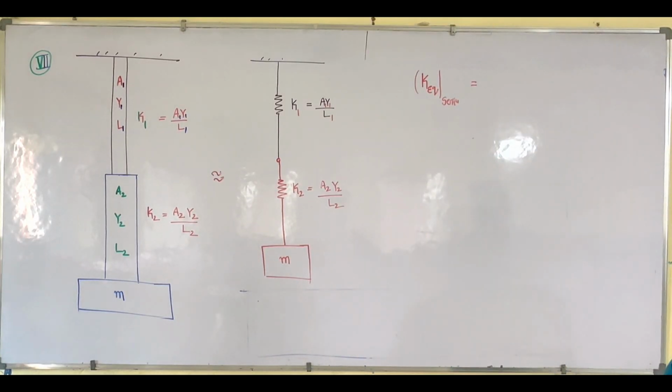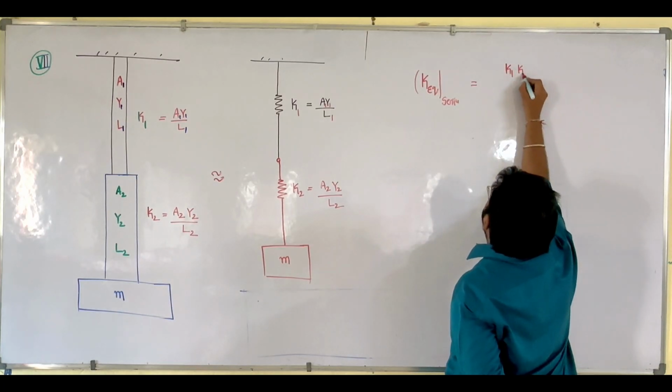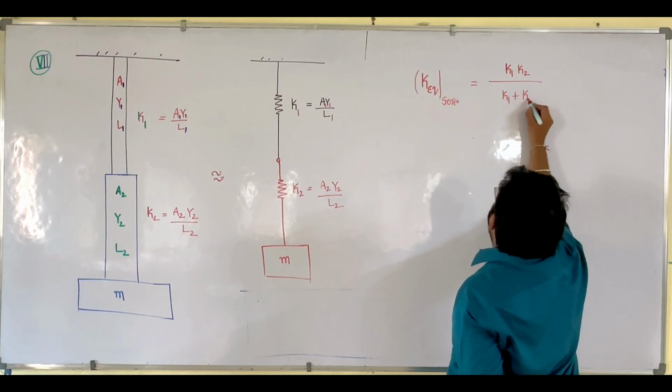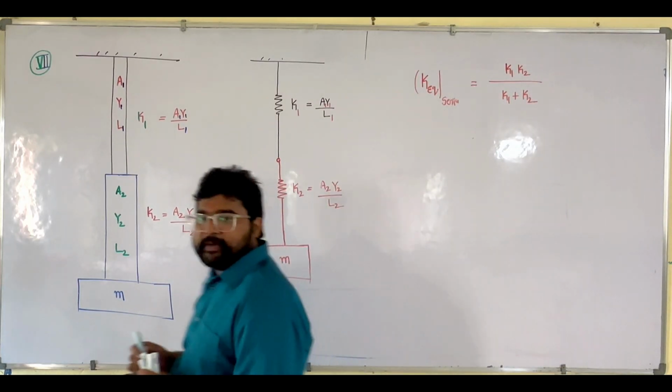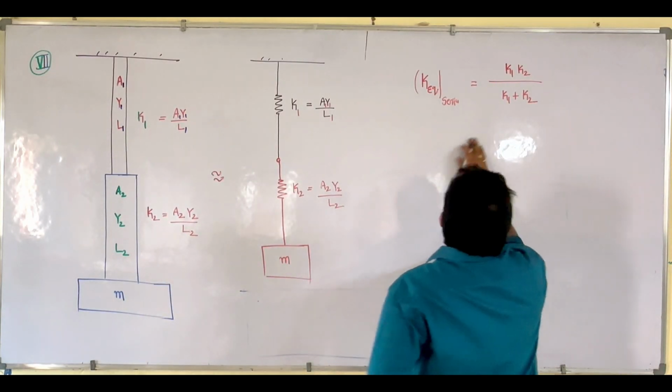Clear? So now what can we write? K1 K2 by K1 plus K2. Then what is obtained here? Tell me.